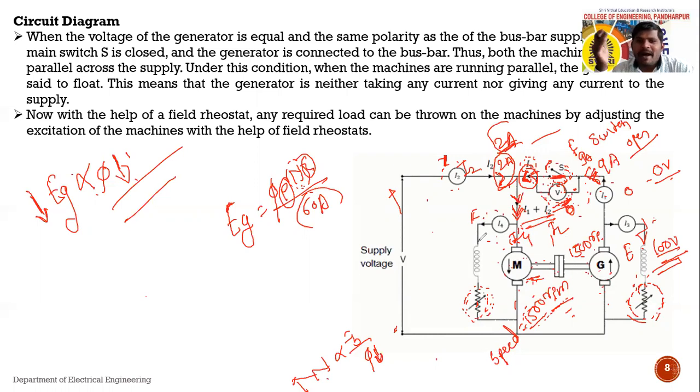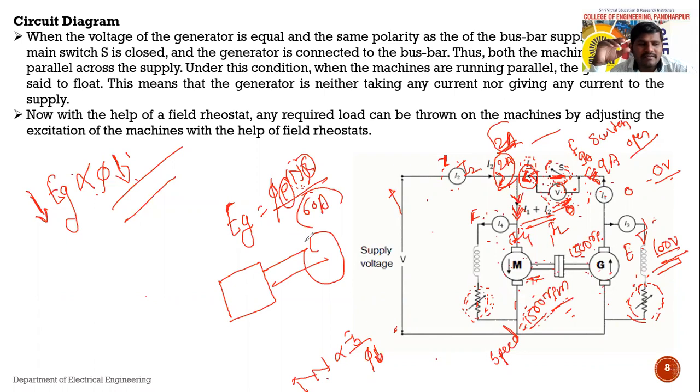Instead of wasting the power, suppose we are conducting a test on only the motor, a direct load test. In a direct load test, what happens? We use a belt and apply friction. So what happens to the power there? It is lost, in which form?